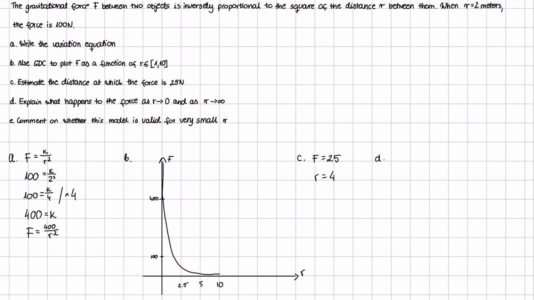For example, r equals 0.00001 or something like this, a very small number but not 0. And you will see that F is a very big number. So if r goes to 0, then our force goes to infinity.